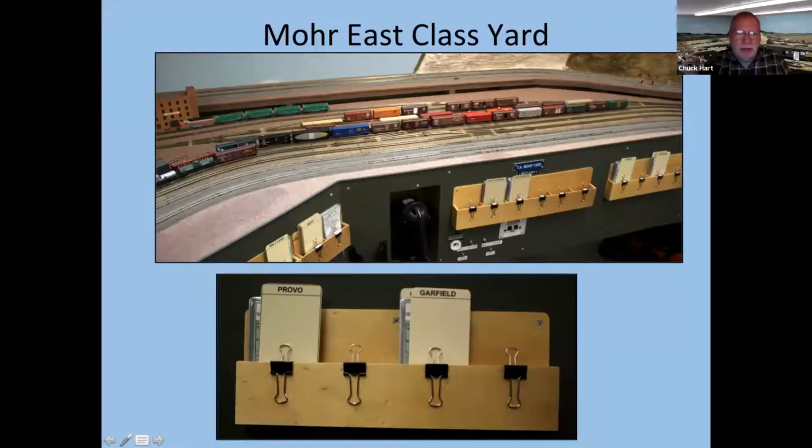So if we take a look at the east class yard box, here's 1, here's 2, and you'll see another tab right behind Garfield's tab. So that's this second train sitting back here. And so they were all classified and ready to go for the next op session after the previous op session completed.